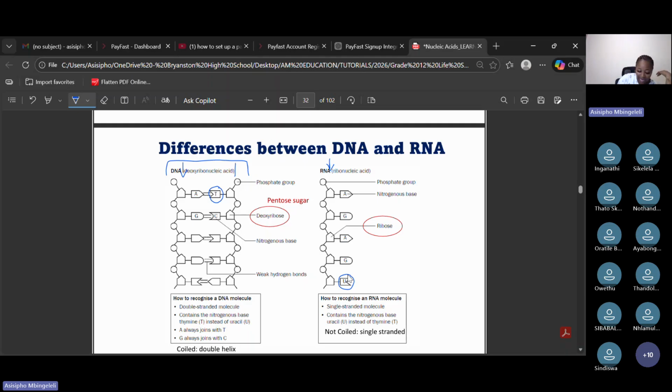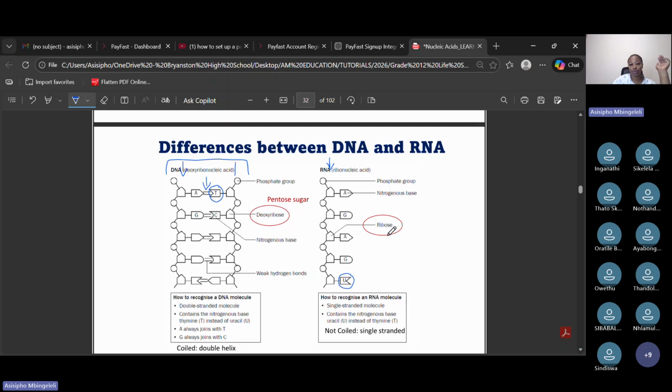We can see that in DNA, we are finding bases that are paired. A is paired with T, G is paired with C. Then in RNA, the bases are not paired because this is a single-stranded molecule. Any pairing that we speak about in RNA will be pairing that occurs during transcription. So that is important to note.